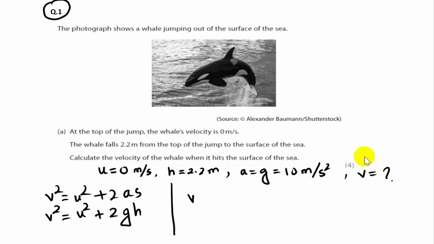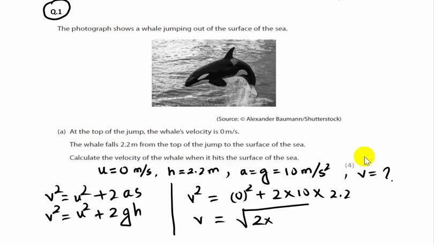So v square equals 0 square plus 2 into g, here 10, into height 2.2. So v equals root over 2 into 10 into 2.2.